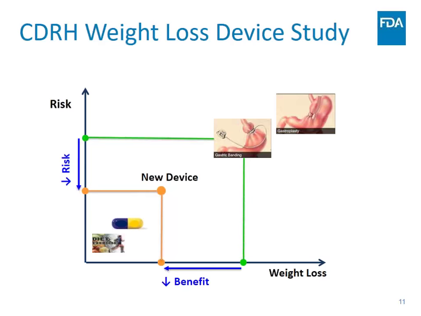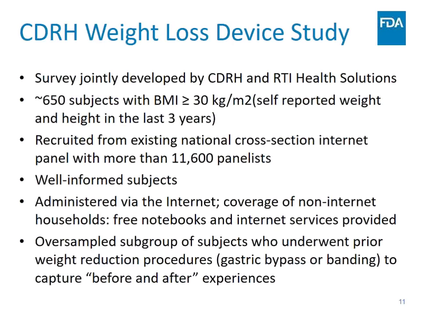So how can we say whether the new device's benefit-risk trade-off is acceptable to patients? The CDRH patient preference study for weight loss devices was designed to answer exactly this question.